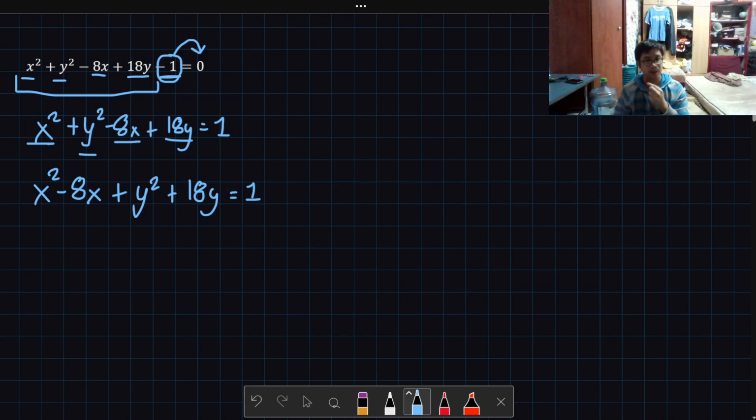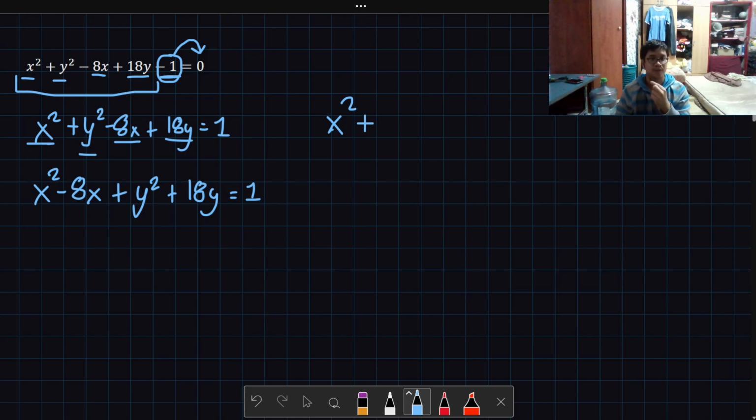Now, the third step is completing the square. Remember that in completing the square, you need two terms. One, a variable that is squared, just like, for example, your given variable is x. So first, you have a variable that is squared, and there is no other coefficient except 1. Basically, first things first, you have x squared.